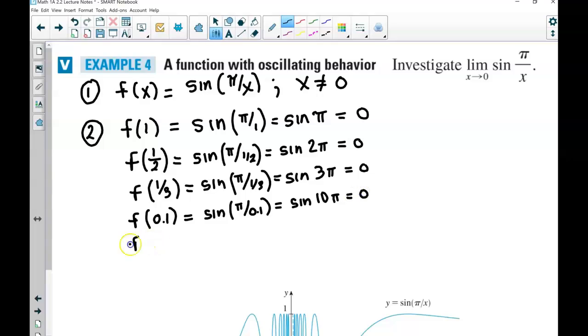And if we look at f of 0.01, that's also equal to the sine of pi over 0.01, which is equal to the sine of 100 pi. And again, that equals 0.